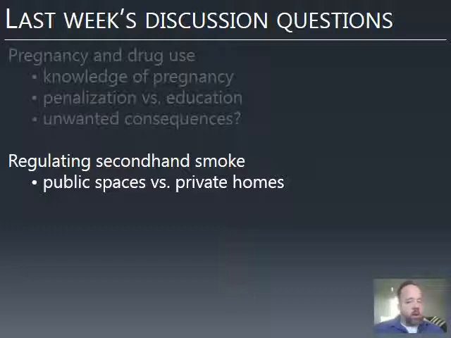But what I mean by this is certainly what people do in their private residences is under less scrutiny and under less legal regulation than public behavior. However, as we just talked about in our previous question, there are questions of harm, unintended harm to other individuals. So maybe not a fetus in this case, but if there are children in the home, is the adult still totally free to smoke in their own home?